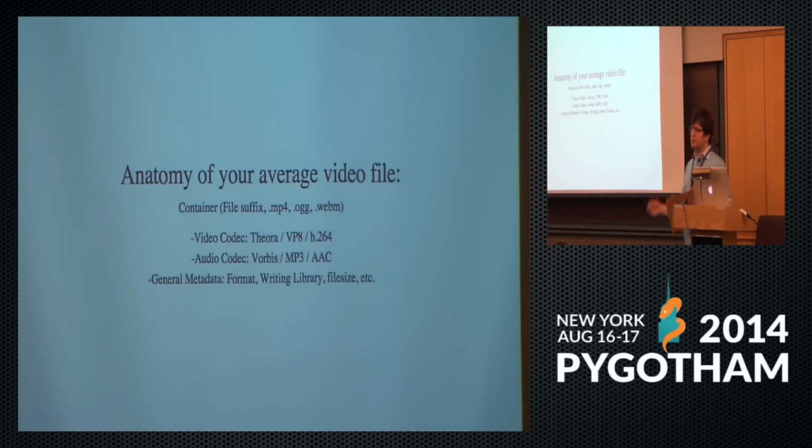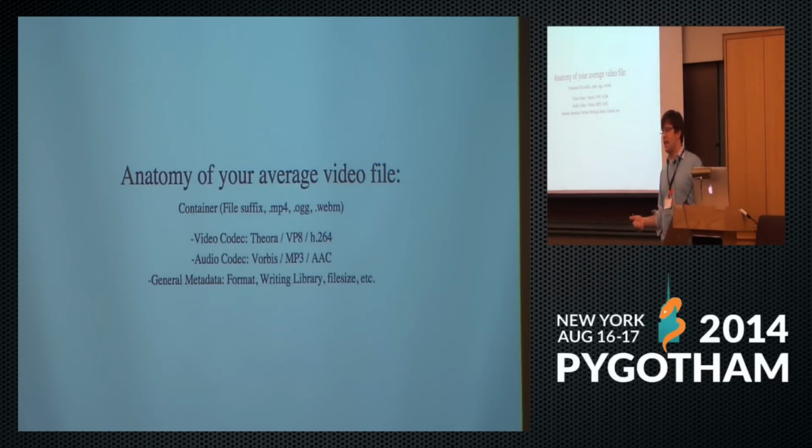So we're going to start really basic here, video files. Not a lot of people realize what is inside your video file. What makes up a video file is your container, your codec, and your actual data.